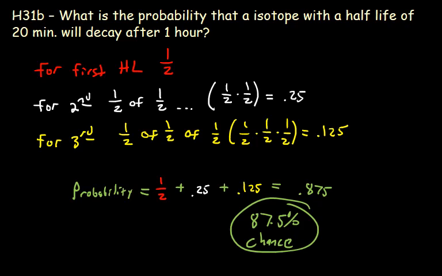An hour is 20 minutes, 20 minutes, 20 minutes. So 87.5% chance that we'll be able to have that particle decay. So very high probability that that particle will decay after 3 half-lives, but maybe not. Maybe it's within that 12.5% that still hasn't decayed yet.